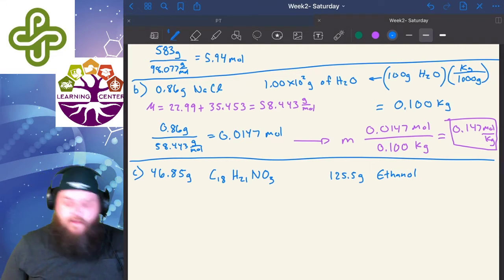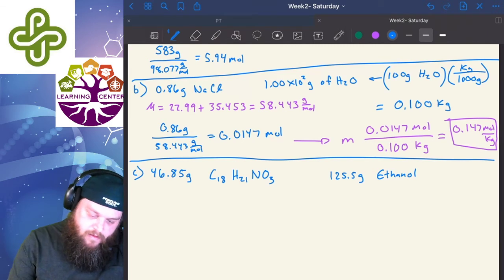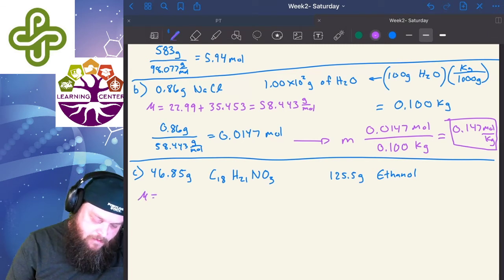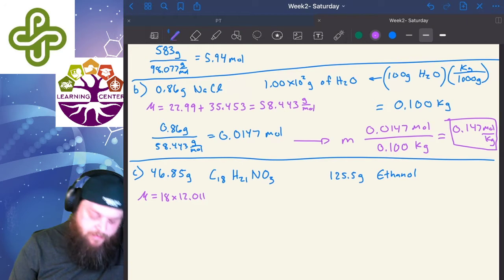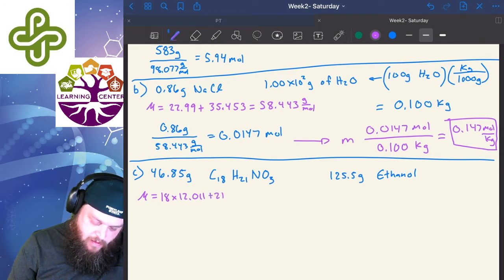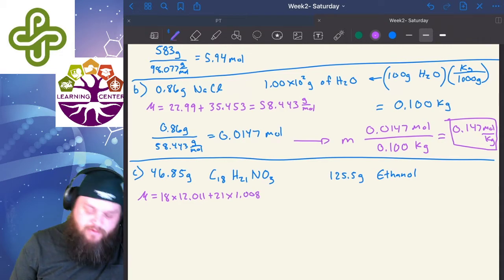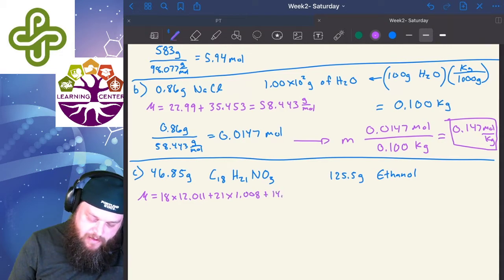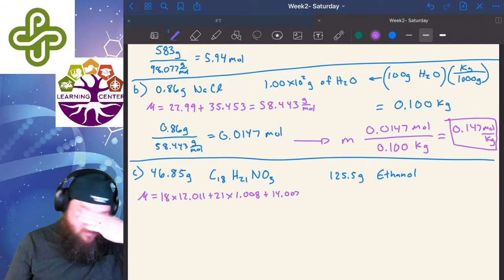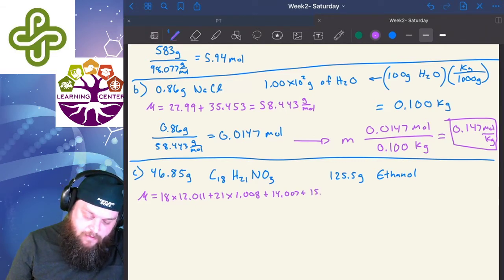So we have to find the molecular weight of codeine, which is going to be equal to 18 times 12.011, the molar mass of carbon, plus 21 times 1.008, which is the molar mass of hydrogen, plus 14.011, I'm sorry, 14.007, which is the molar mass of nitrogen, plus 15.999, molar mass of oxygen.